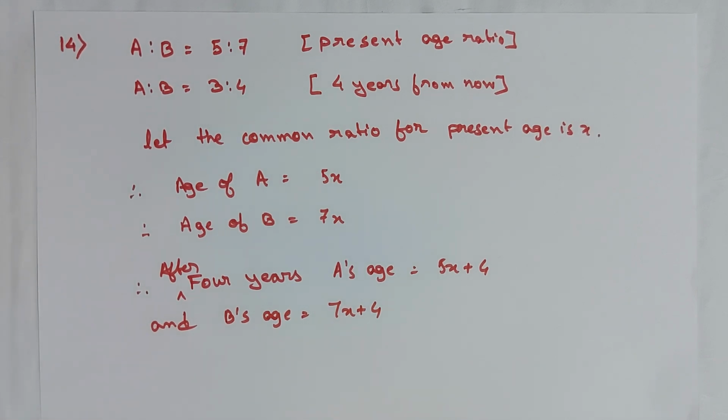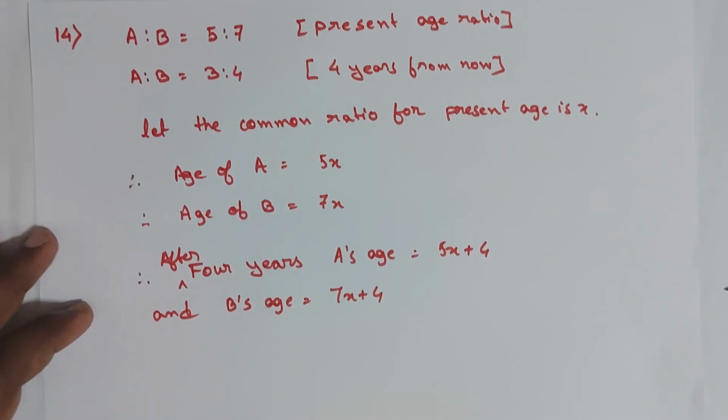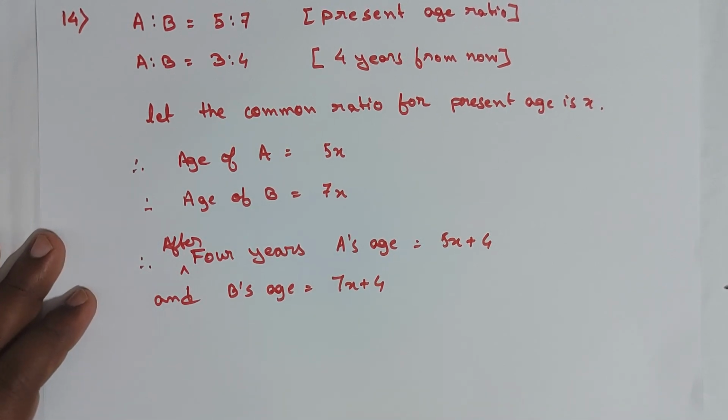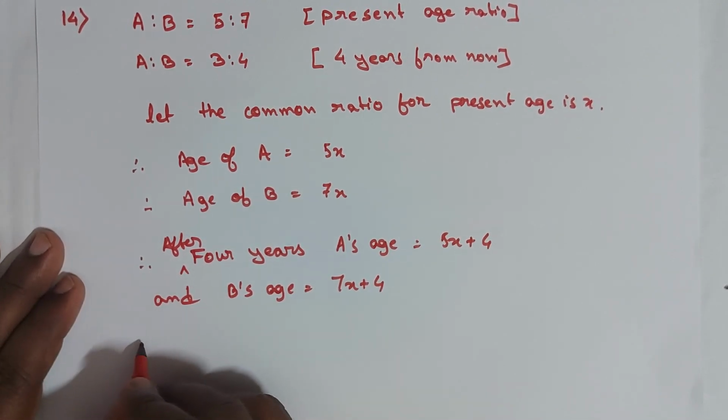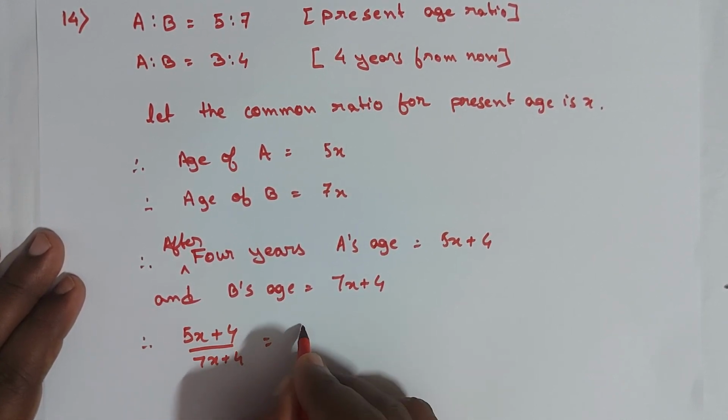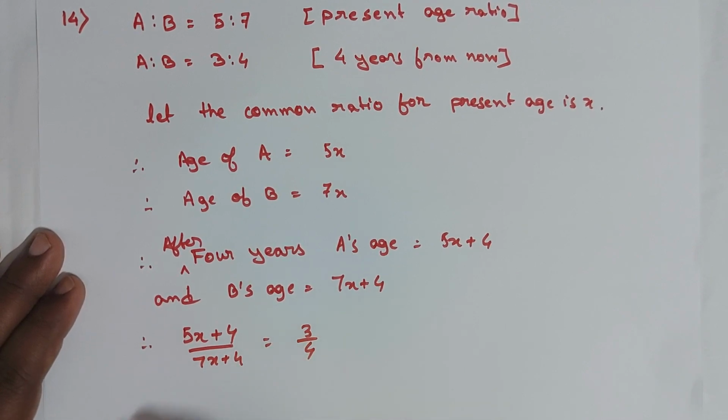Now this is 5x plus 4 and 7x plus 4. So their ratio is 3 is to 4, it is given. So we can write therefore (5x plus 4) by (7x plus 4) equals 3 by 4.